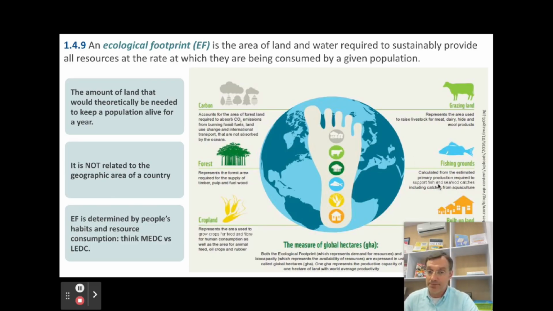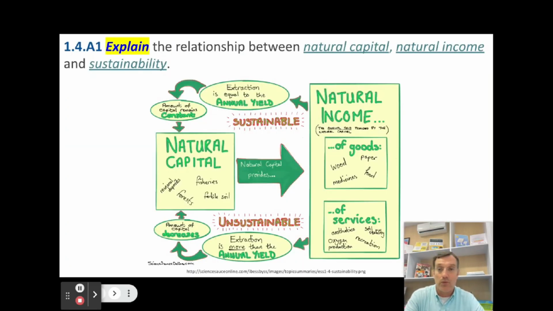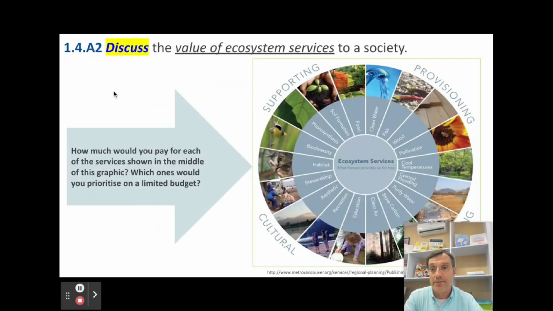We need time to allow nutrients to be replenished in the soil. Right? So the ecological footprint comes back to not only the idea of sustainability, but this idea of renewable versus non-renewable natural capital. We've seen this relationship between natural capital, natural income, and sustainability already.